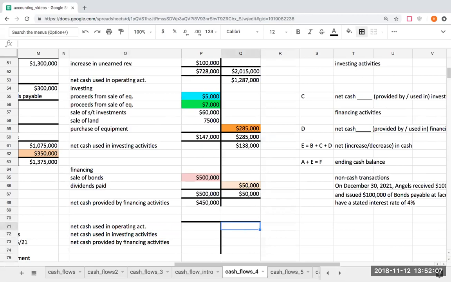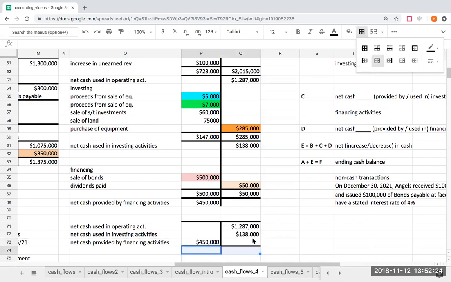And so my net cash used in operating was $1,287,000. My net cash used in investing was $138,000. My cash provided by financing activity was $450,000.